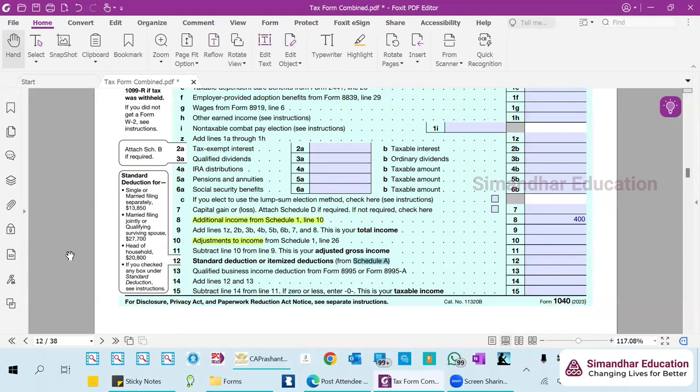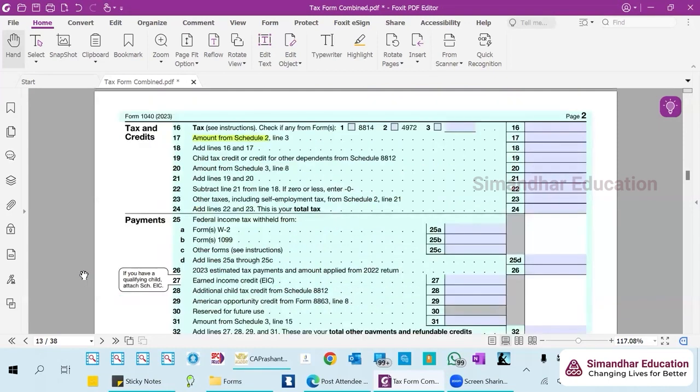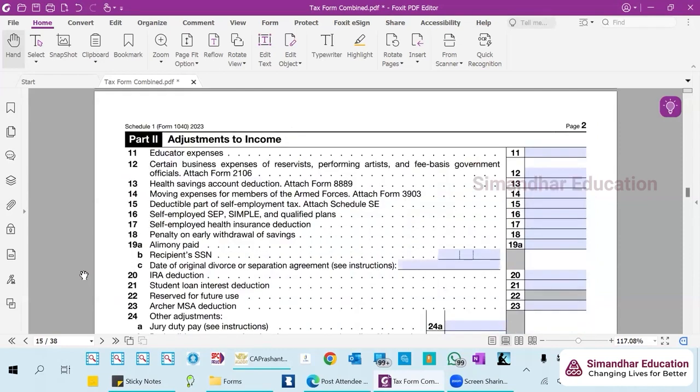Why did I say if? We'll discuss it when we talk about standard deduction and itemized deduction, but that's the reason you see it as an or. Whichever you pick, if you're picking itemized deduction, you need to fill in schedule A.